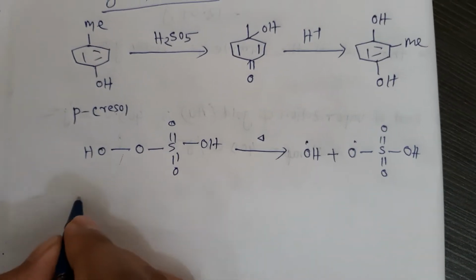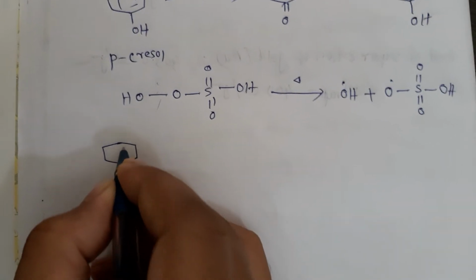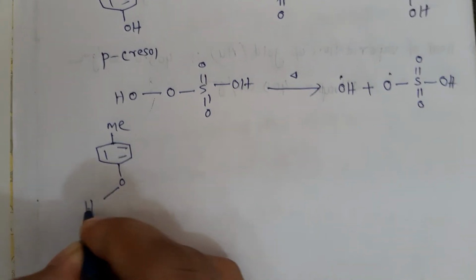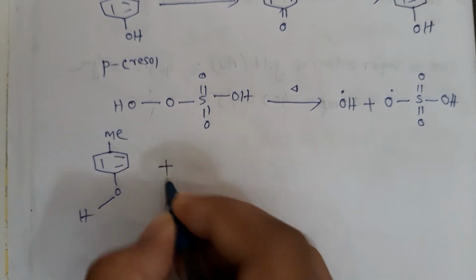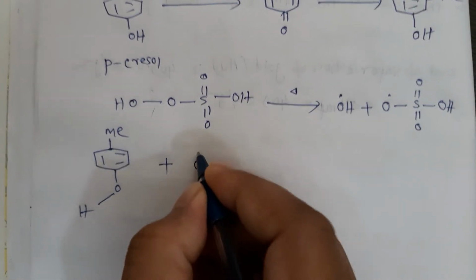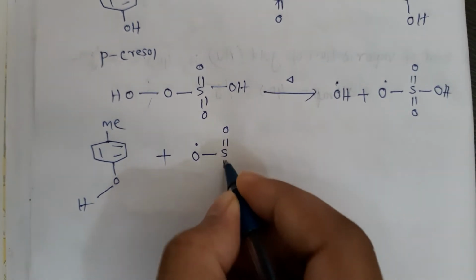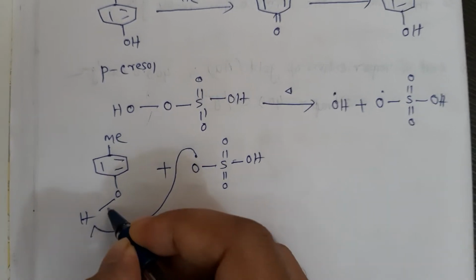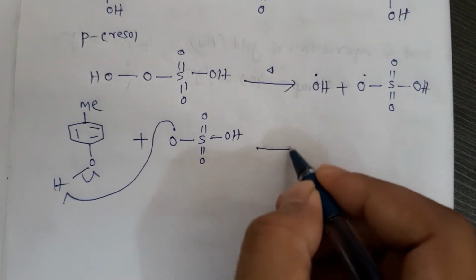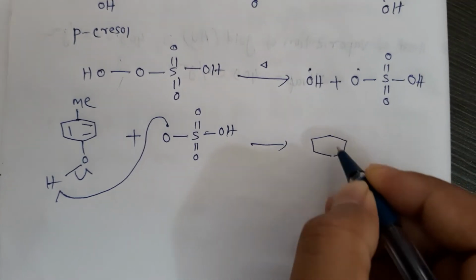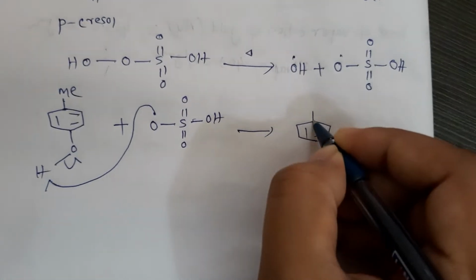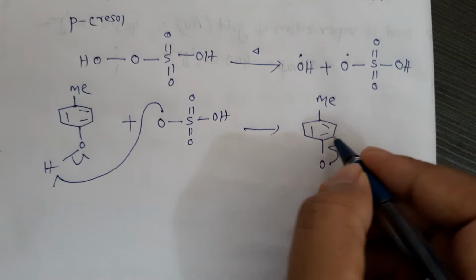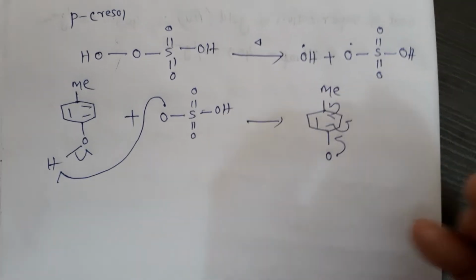Now let's see. Here the methyl group, this one plus this radical will interact, O dot S double bond O, OH. This radical comes here, and the intermediate which is formed has here Me and here O dot. Now O dot comes here, this comes here, this goes there.